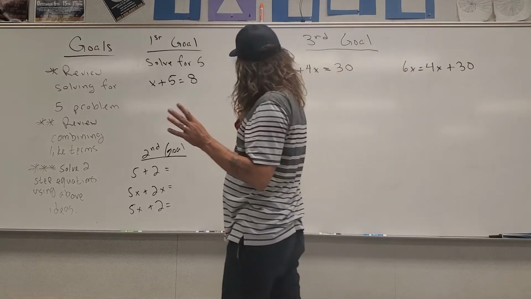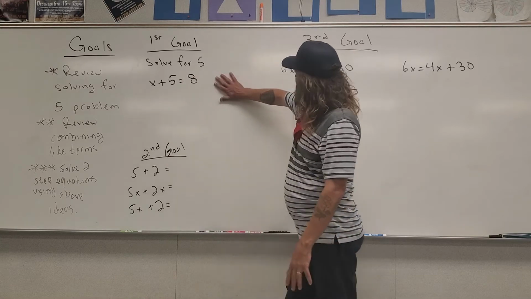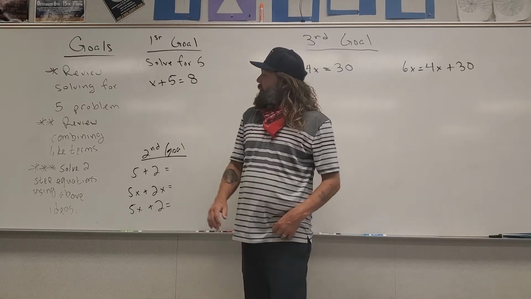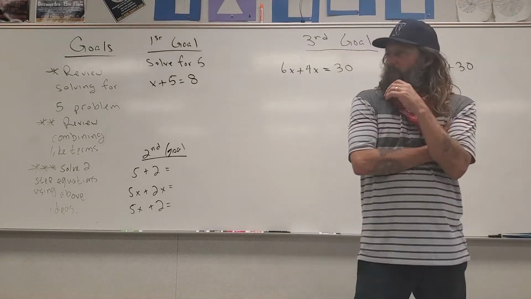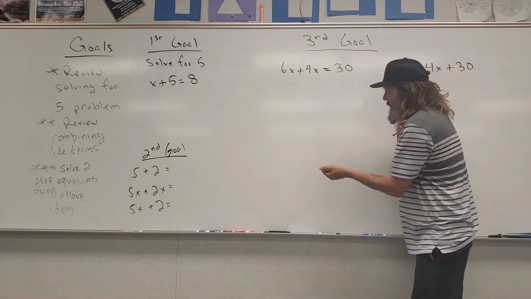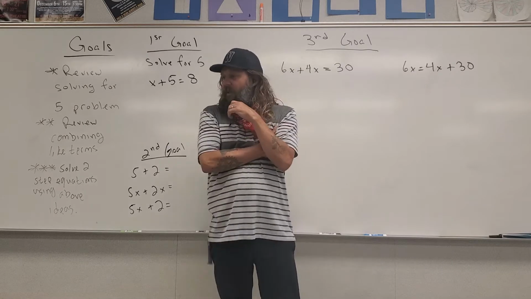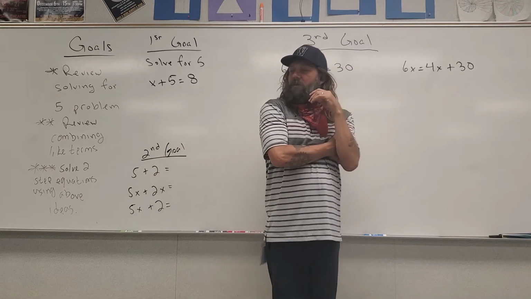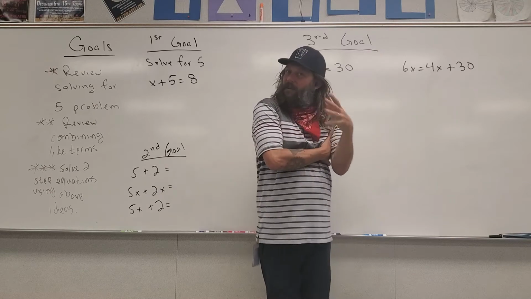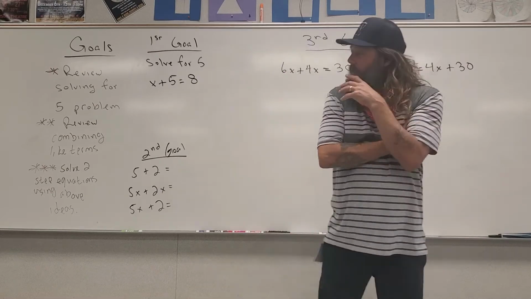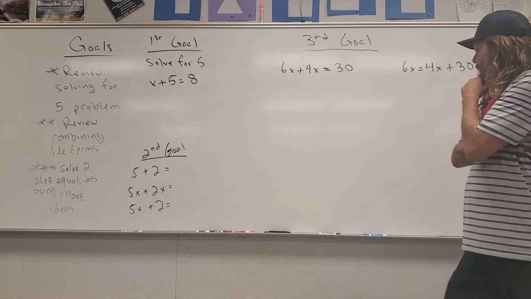All right, so our first goal is to solve for 5. Remember, a lot of us have a very Pavlovian instinct, which, Pavlov's dog is a study you'll learn about in the future, but it just means that we're taught when we see a variable, we behave in a certain way. It's just a response that's ingrained in our psyche.